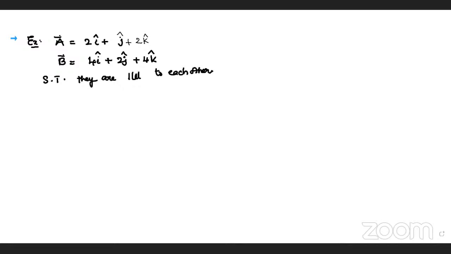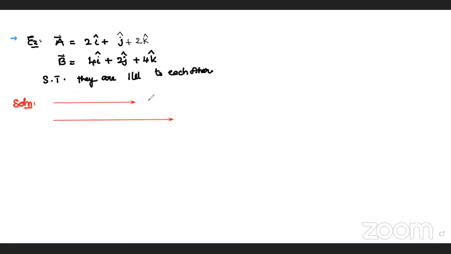First of all, we have to understand that their directions are the same. If the first vector is taken in this direction and the second vector is also taken in the same direction, then whatever may be the magnitude, they are parallel to each other. Parallel means they are existing in the same direction.